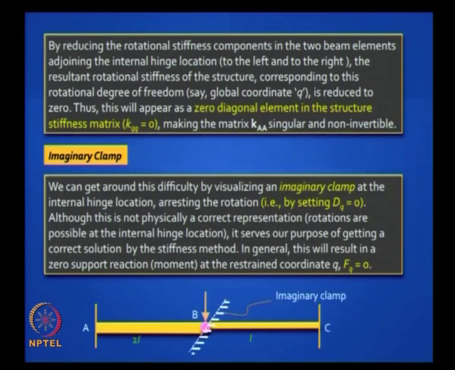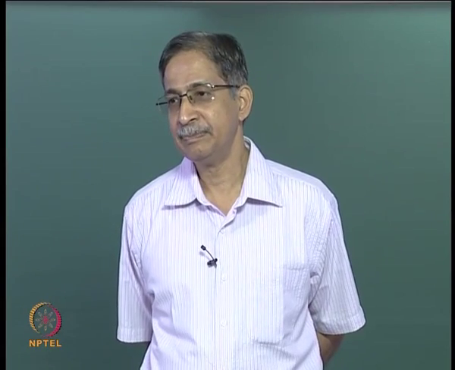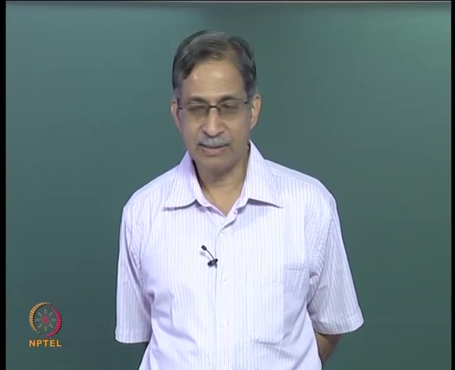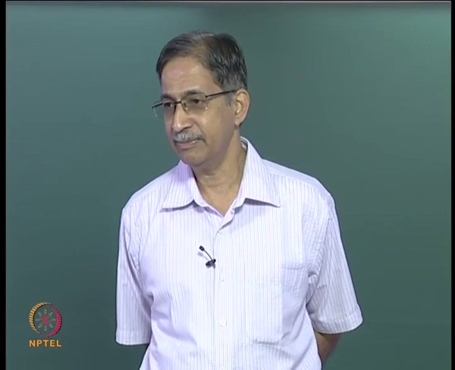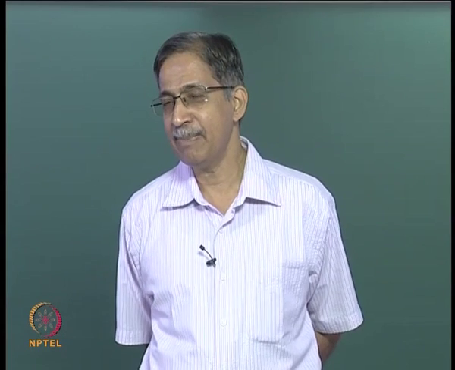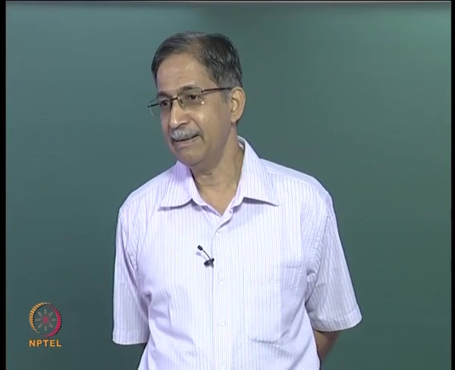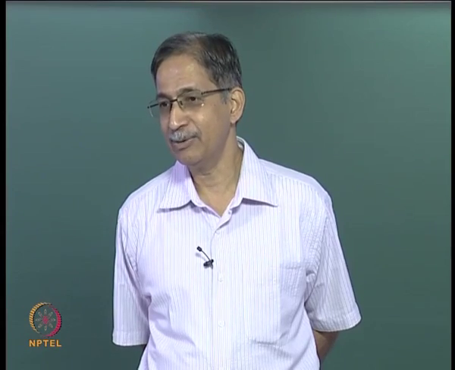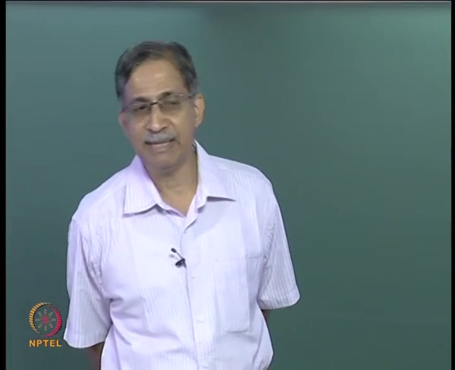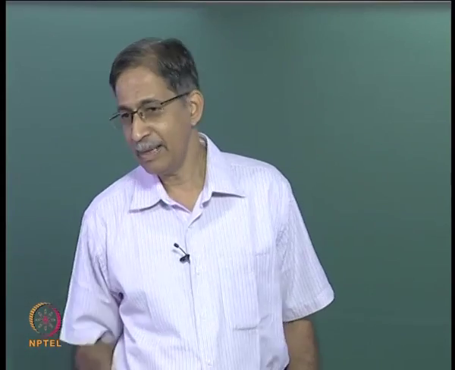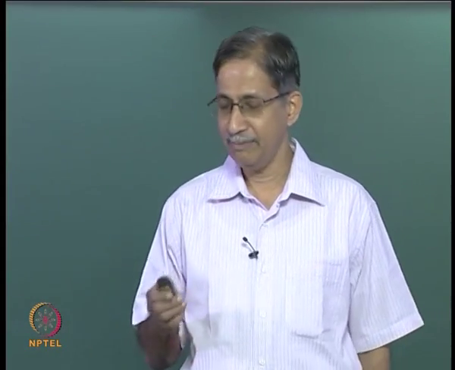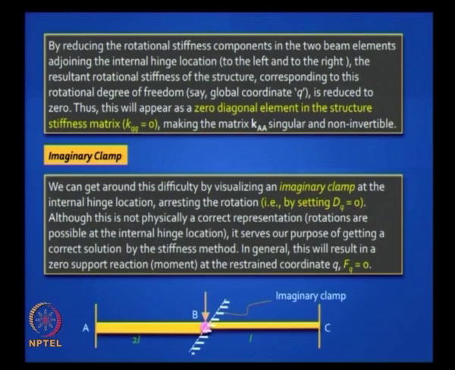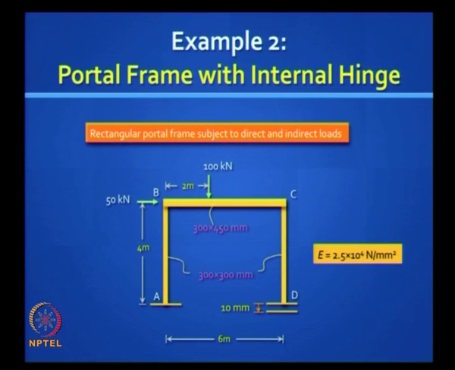So you do not need to invert the KAA matrix with a zero diagonal element in it. The moment you have a release, you will have a zero diagonal element. So we conveniently pass it on to the restraint coordinate, and there it does not really matter. So we do this by means of an imaginary clamp. We have done this for the beam, we are just repeating this idea for a frame.